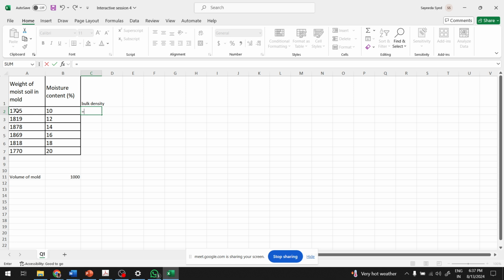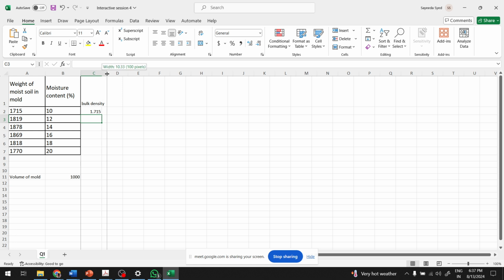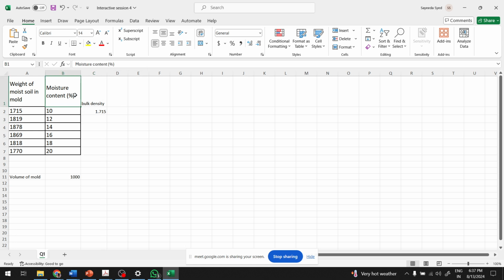I want to lock this because volume is constant and we don't want Excel to change it during the formula. And then we can drag this. So these are the bulk densities of the soil during the testing.